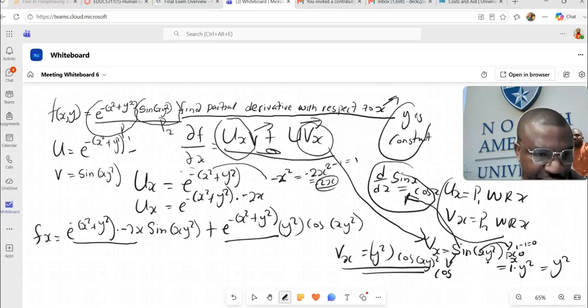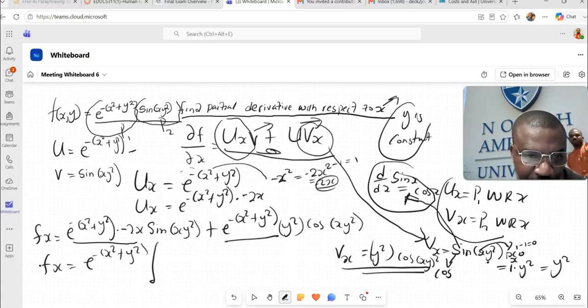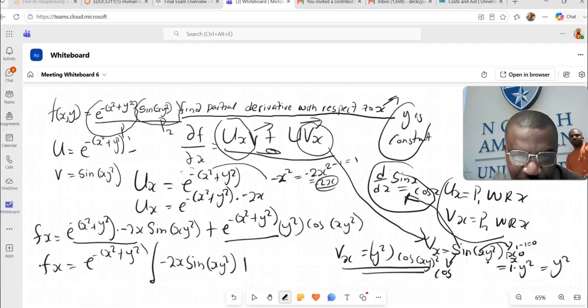We say fx equals e to the power of negative x to the power 2 plus y to the power 2, times negative 2x sine x y to the power 2 plus y to the power 2 cos x y to the power 2.